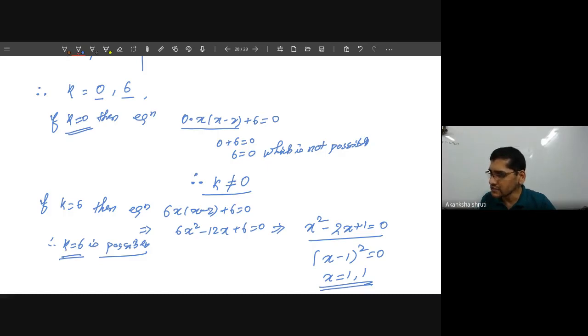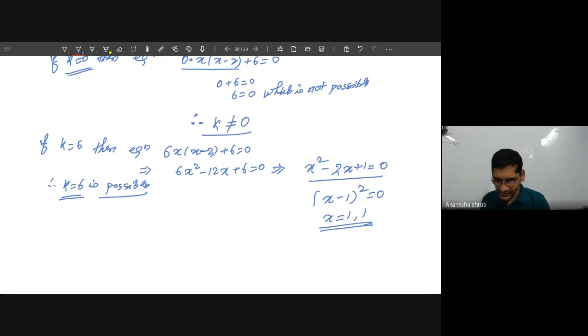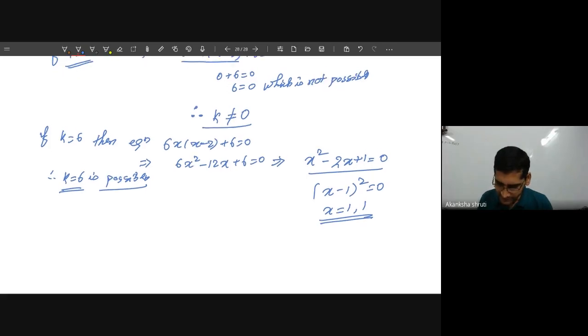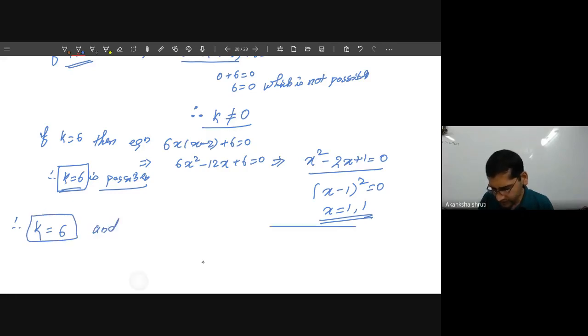The question was to calculate the value of k, but in many questions you have to calculate k and then you also have to calculate the roots. So this is the way you can calculate. Therefore k equals 6, only one value, and the roots are, what are the roots?